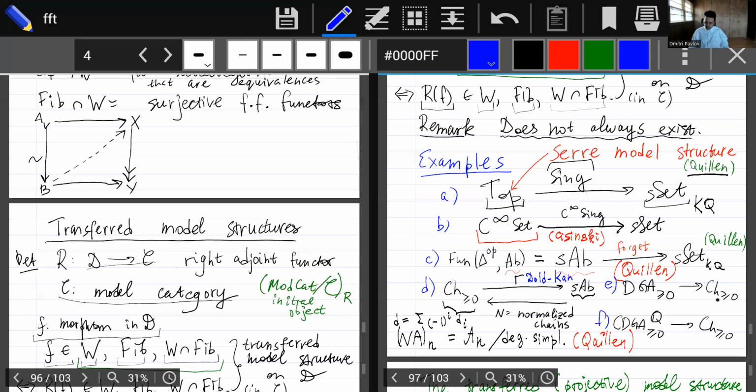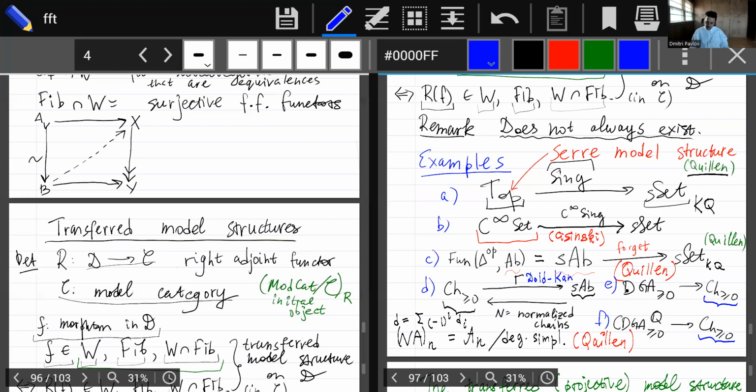And maybe a couple more examples that I should probably mention, just to give you a flavor or maybe some intuition in what settings you can expect the existence of transfer structures: differential graded algebras, algebraic transfer structures. So here on the right, you have the projective model structures that we just constructed.